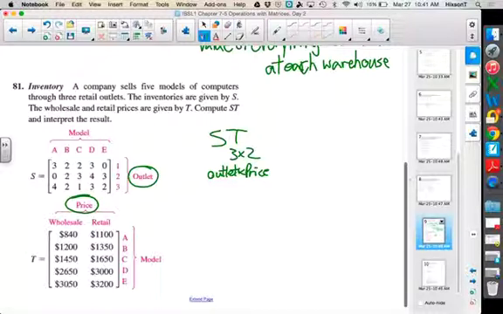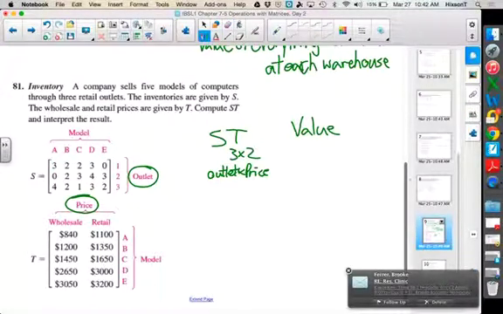So what does that mean? That's going to give us the value of the inventory at each store. This is going to give us the value 2 ways: the wholesale and the retail. You guys know what wholesale and retail are?